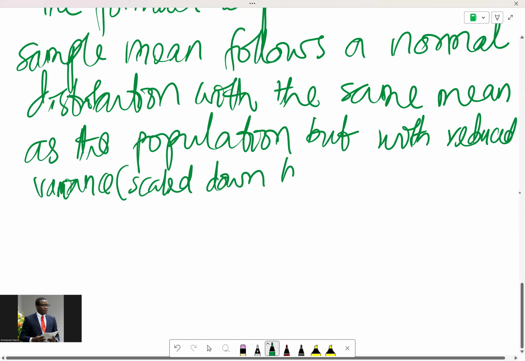It is scaled down by the sample size. So that's the idea of the central limit theorem.